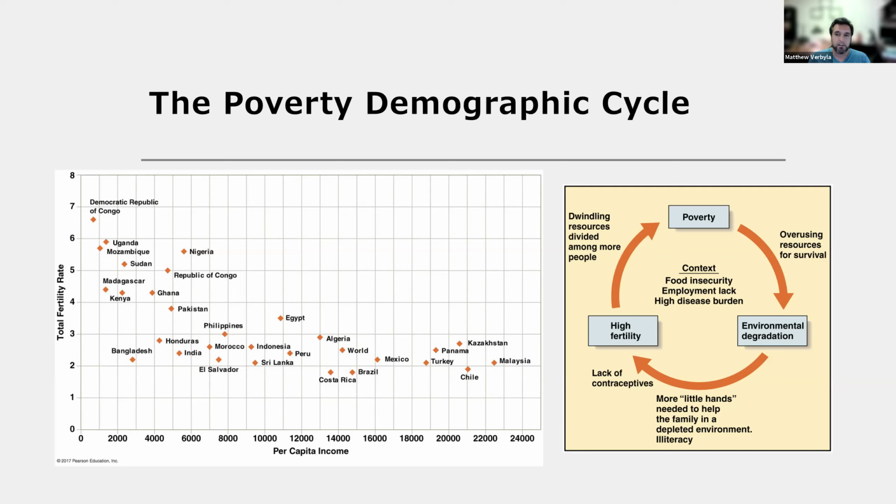This leads to a high fertility rate, which consequently causes dwindling resources to be divided amongst more people, which leads to more poverty. So it's kind of like a cycle that's experienced in the context of food insecurity, a lack of employment opportunities, and a high disease burden.